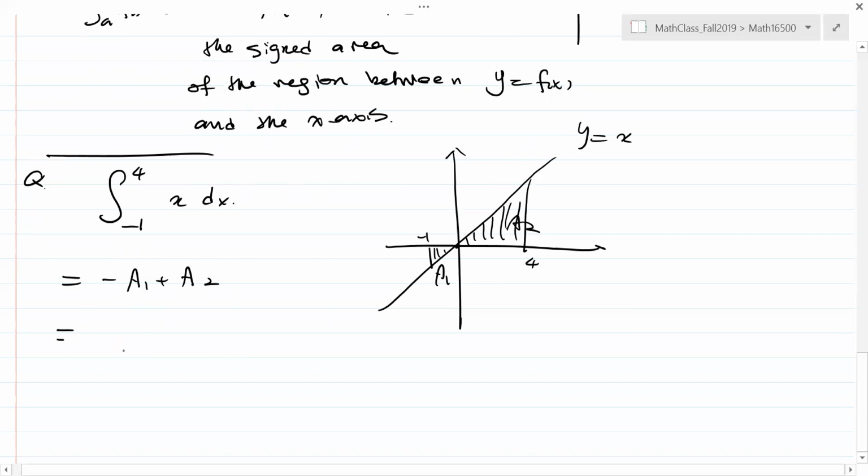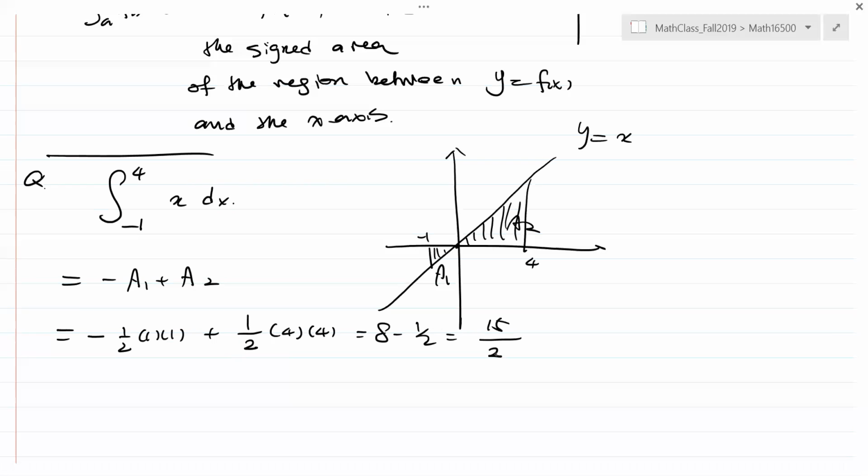It is -1/2 times 1 times 1, right? The triangle above the axis would be 1/2 times 4 times 4. So that would be 8 minus 1/2. Okay, 7.5, 15 over 2.